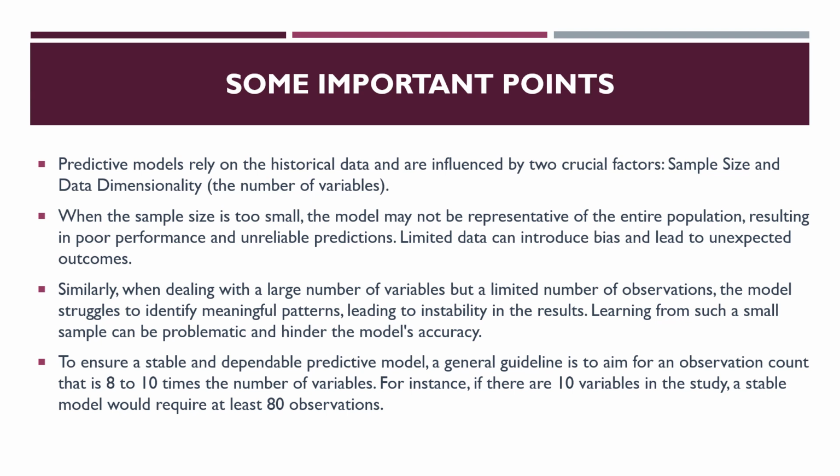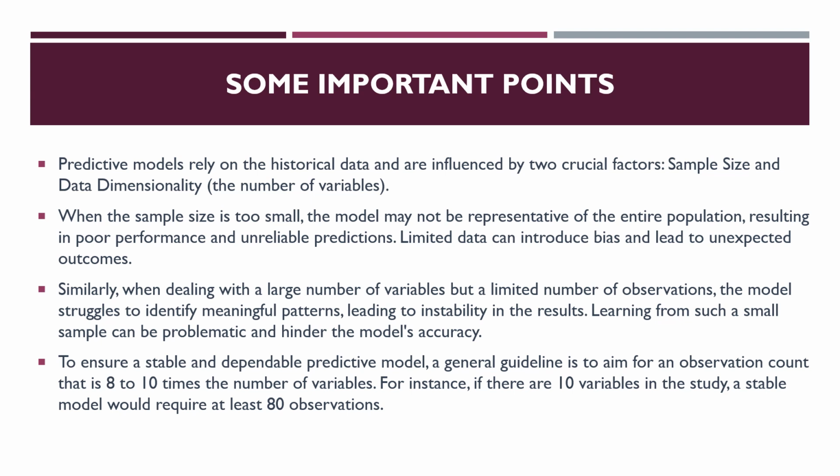Limited data can introduce bias and lead to unexpected outcomes. Similarly, when dealing with a large number of variables but a limited number of observations, the model struggles to identify meaningful patterns, leading to instability in the results. Learning from such a small sample can be problematic and hinder the model's accuracy.